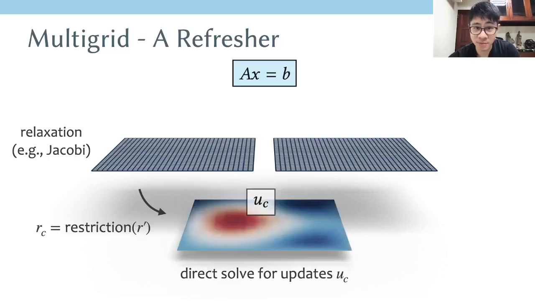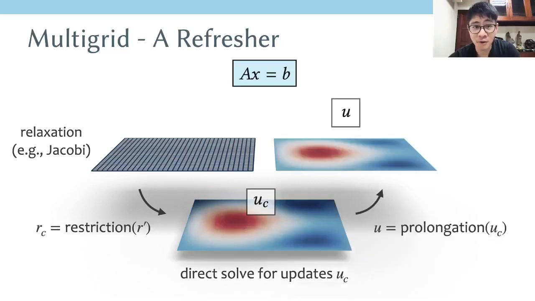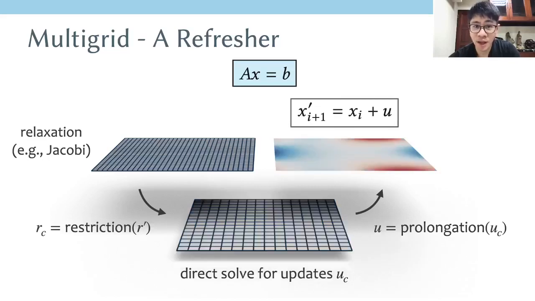After we solve for the update u_c, the next step is to interpolate the update from the coarse grid to the fine grid. And this process is usually called the prolongation in the multigrid literature. And then we can combine the update u with the initial guess x_i to get our new solution x_spline.